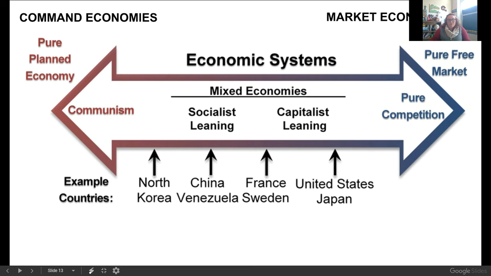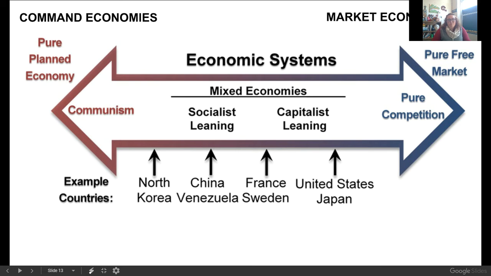Now, when you start going to socialist and then communism, perfect examples of those would be China, Venezuela, and then North Korea. Venezuela, unfortunately, is not as good off as Canada or China is. And we honestly don't know what North Korea is. There hasn't been a purely planned economy or command economy since the Soviet Union.